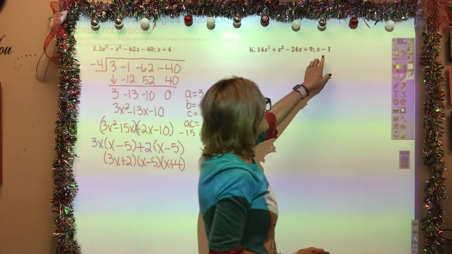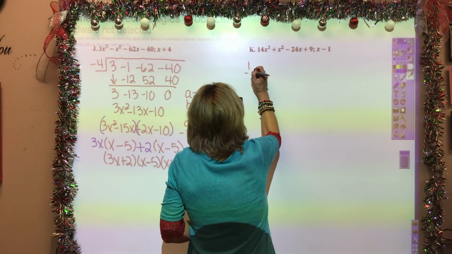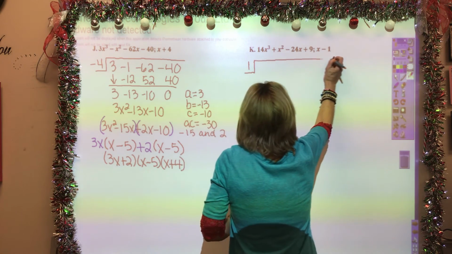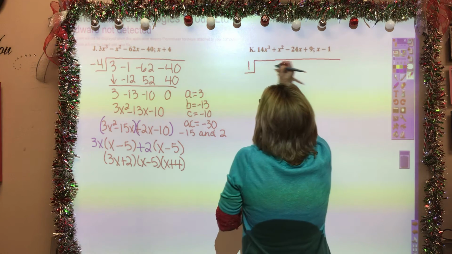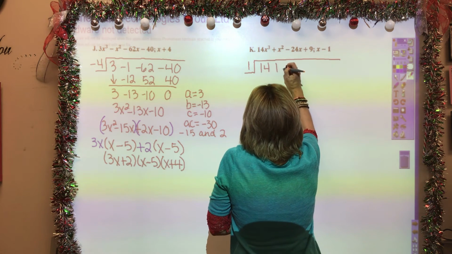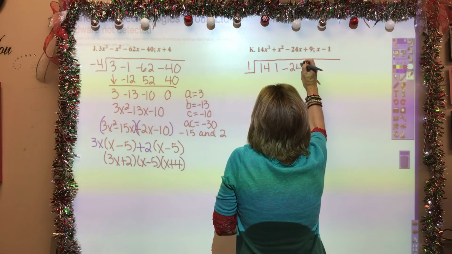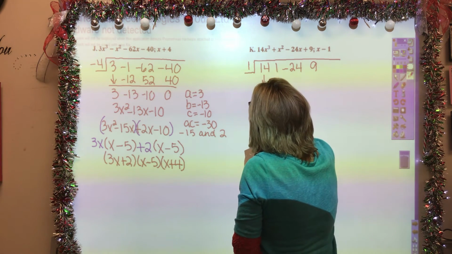So in this one, our A is going to be 1. Our powers are descending. Our coefficients are 1, 14, 1, negative 24, and 9. We're going to bring down the 14.